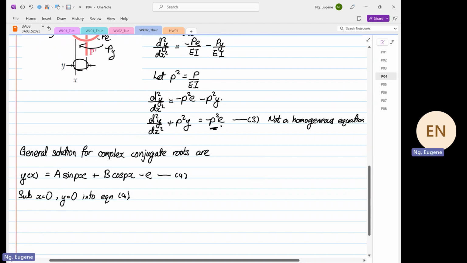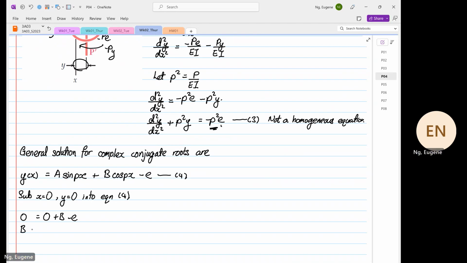So we know that this is 0, and sine of 0 is also equal to 0. Cos of 0 is 1, and then this is minus E. So we have the relationship B is equal to E.